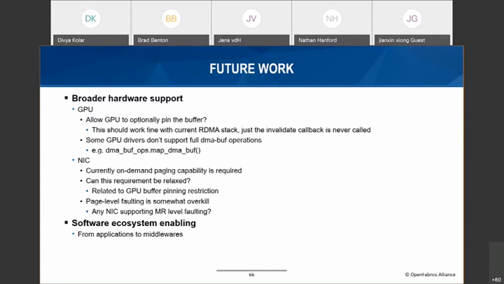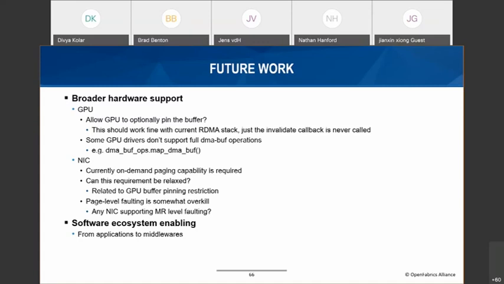The other side is that on-demand paging is somewhat overkill for the mechanism required for dynamic attachment. What is really needed is a way to pause the RDMA operations when the MR is invalidated.